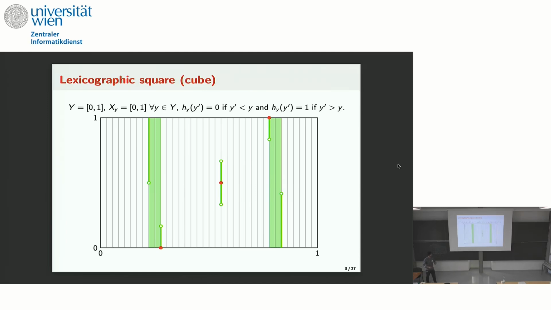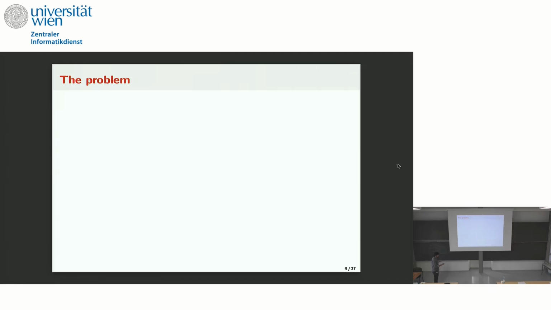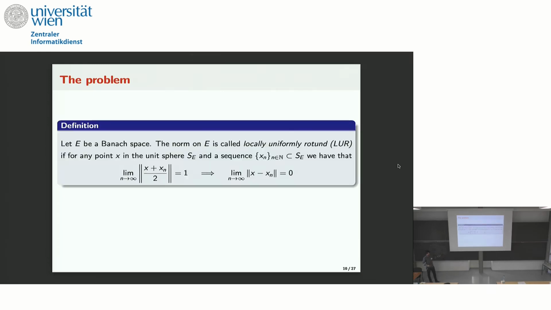Now that we have seen some examples, let's see what the problem is that I will be presenting to you. Recall that a norm on a Banach space is called locally uniformly rotund if whenever you have one fixed point x and a sequence of points in the unit sphere such that the midpoint of the segment approaches the sphere, you need the sequence to converge to x.